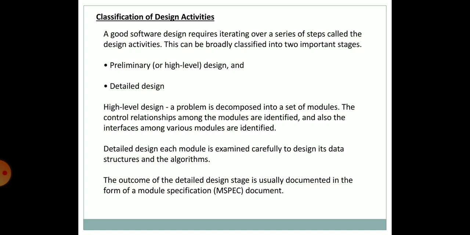The outcome of the high level design activities is represented using either a structure chart or a UML, but the detailed design includes designing the data structures and algorithms of the modules identified earlier, and its outcome is specified using a module specification document.